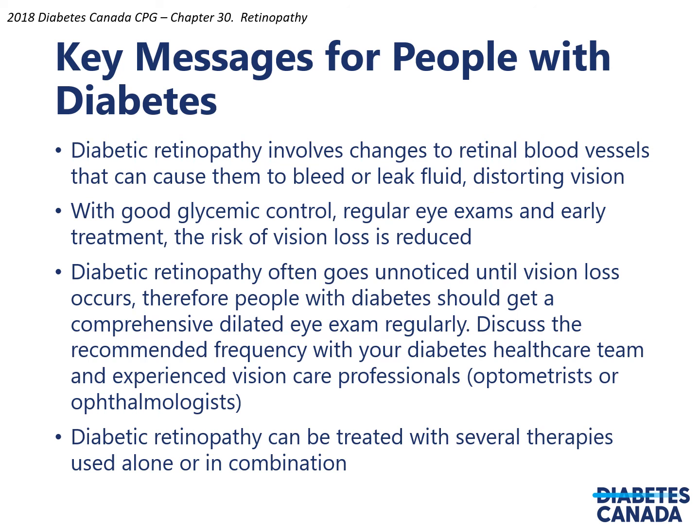Therefore, people with diabetes should get a comprehensive dilated eye exam regularly. Discuss the recommended frequency with your diabetes healthcare team and experienced vision care professionals, optometrists or ophthalmologists. Finally, diabetic retinopathy can be treated with several therapies used alone or in combination.